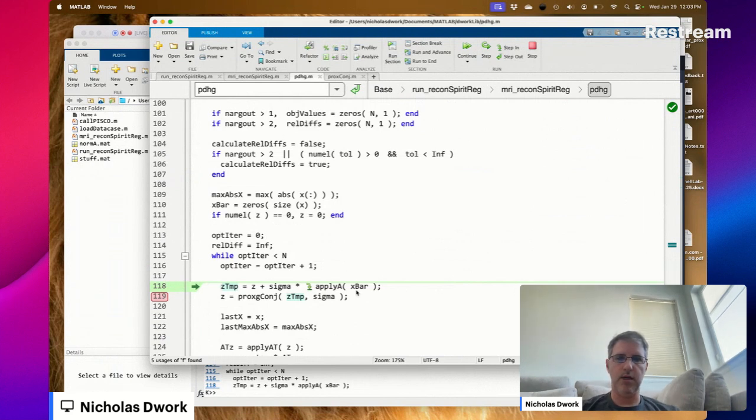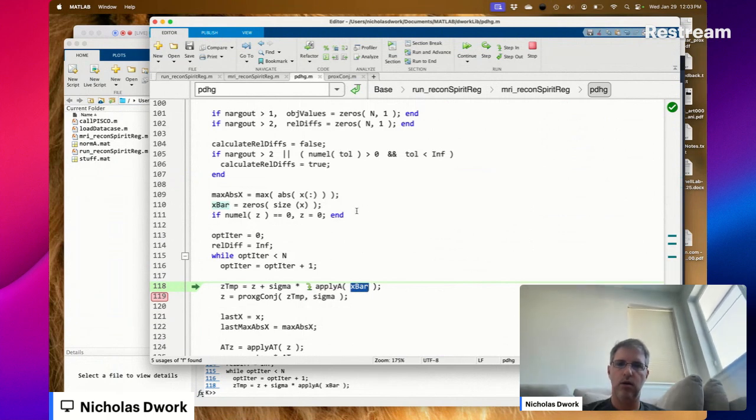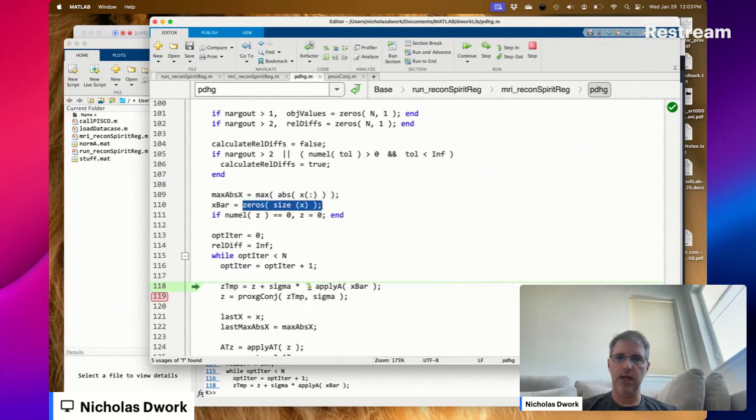So X bar here, ooh, why not make X bar X?